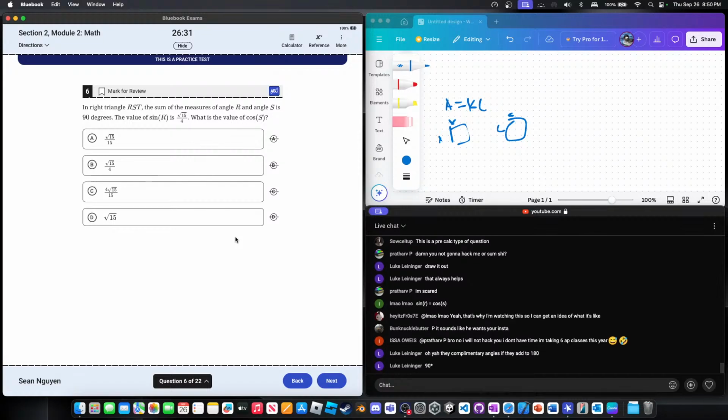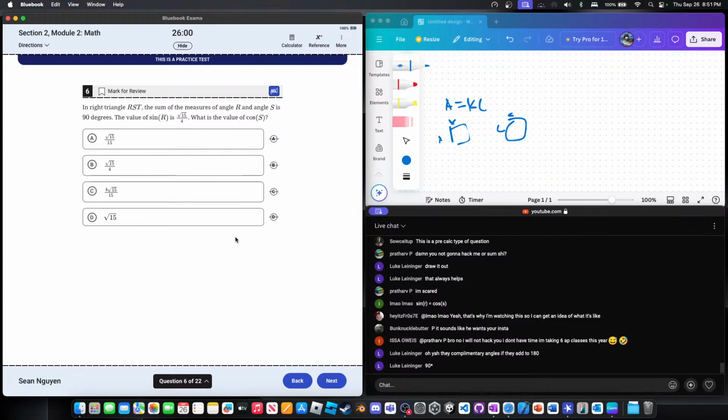Oh wait, I get it. Okay, so 15 is our opposite, 4 is our hypotenuse, right? Because if we have those, we can find our adjacent by doing root 15.